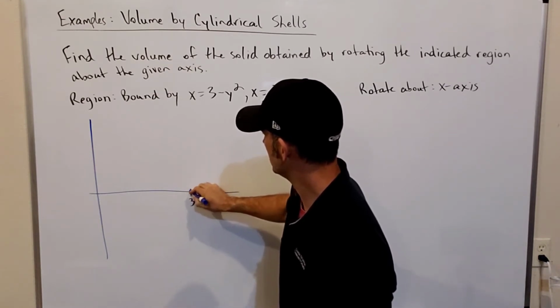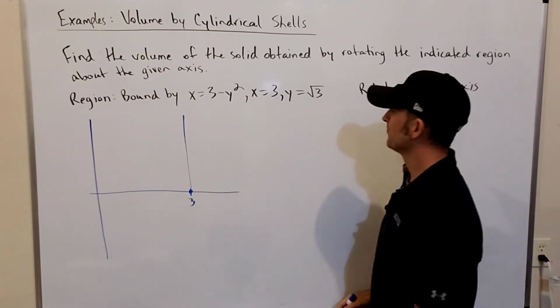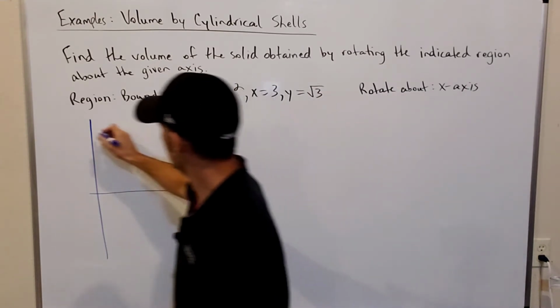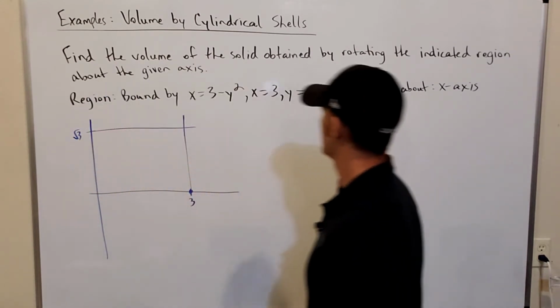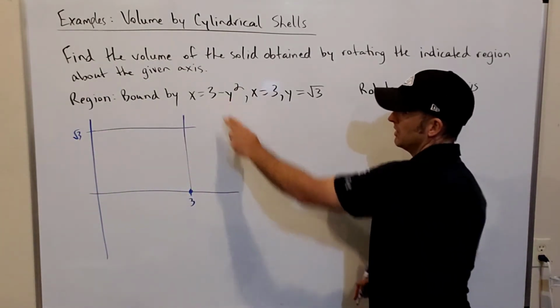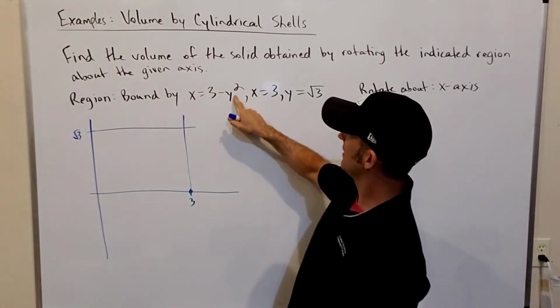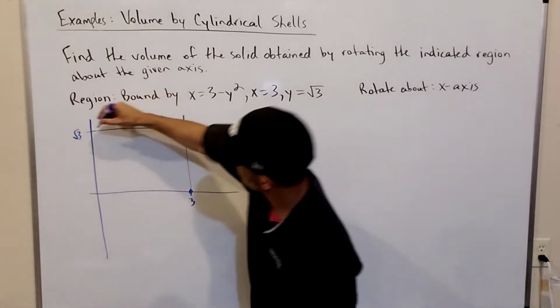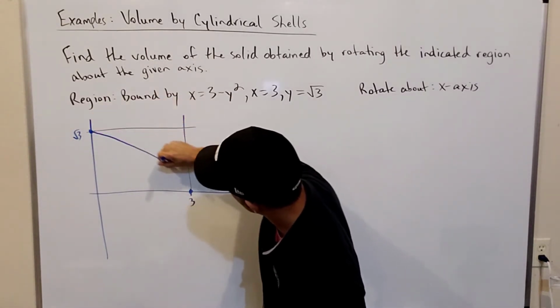Here's our vertical line, x equals 3. We have the horizontal line, y equals the square root of 3, and the parabola: if you plug in the square root of 3 for y, then x is 0. So you get this point here, okay? And so our parabola does this kind of thing.